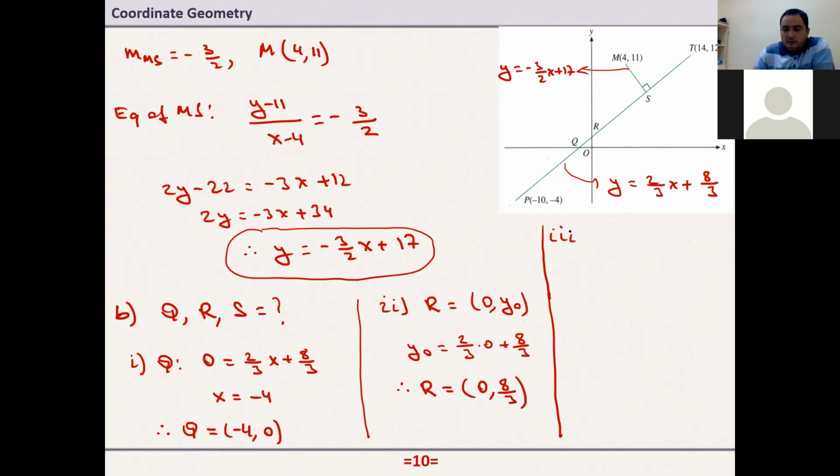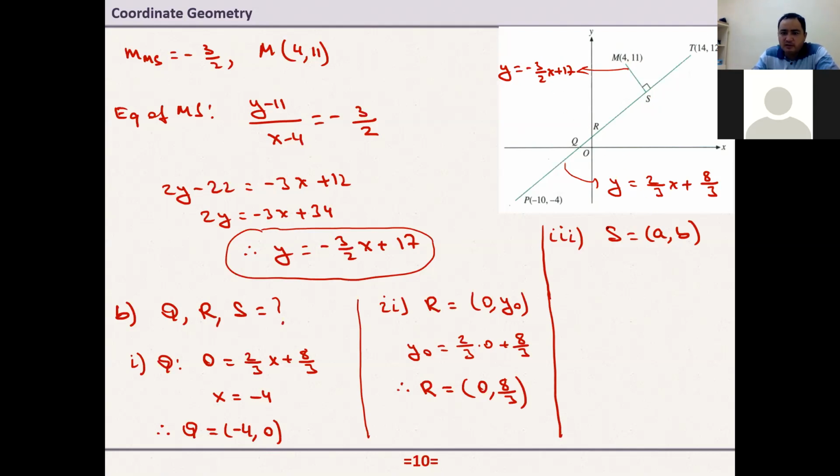And the third one is S. Okay, let's say coordinates of S are (a, b). Actually, we already did a similar example, right? Since S belongs to the line PT and also MS, that means that if we substitute into this equation and into this equation, it must satisfy both equations.